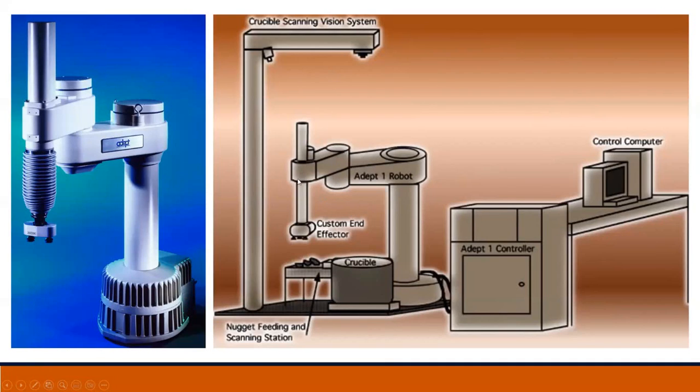This one is the SCARA. It's a two-rotor, one-extender type robot. It's usually used when you try to pick something or drop something in the production line. SCARA is very useful.